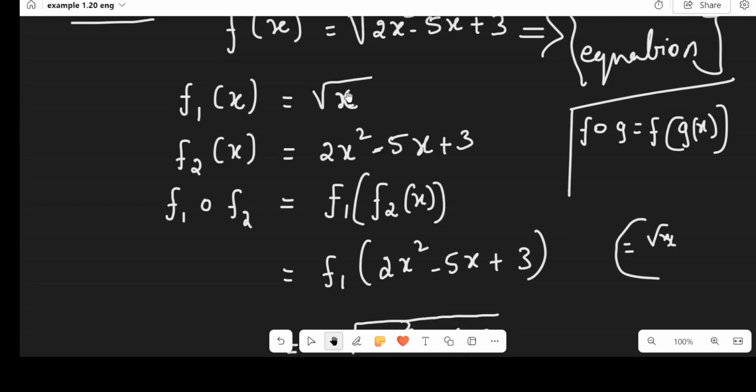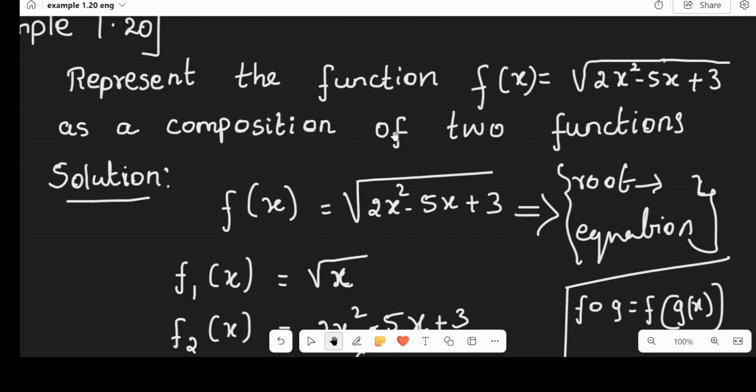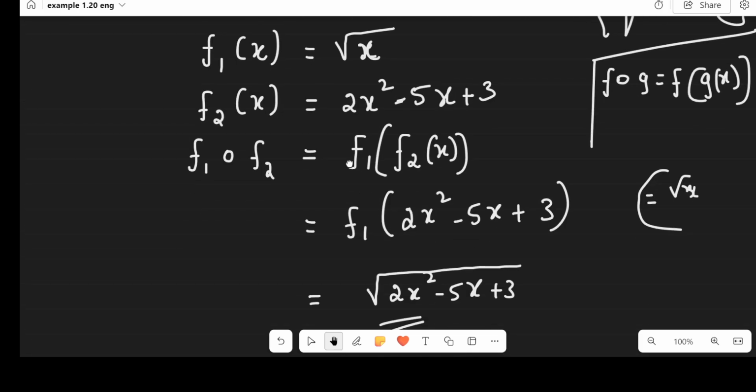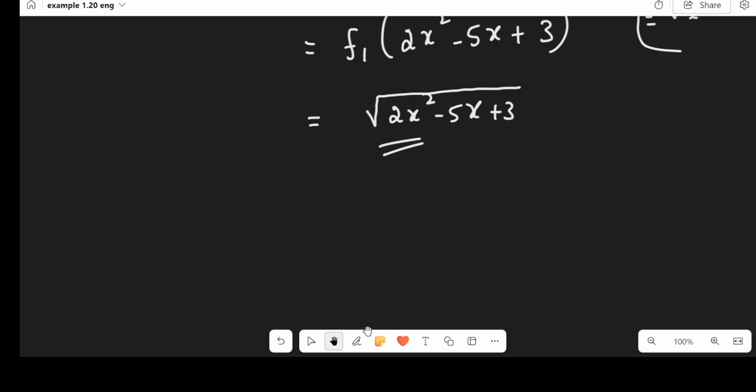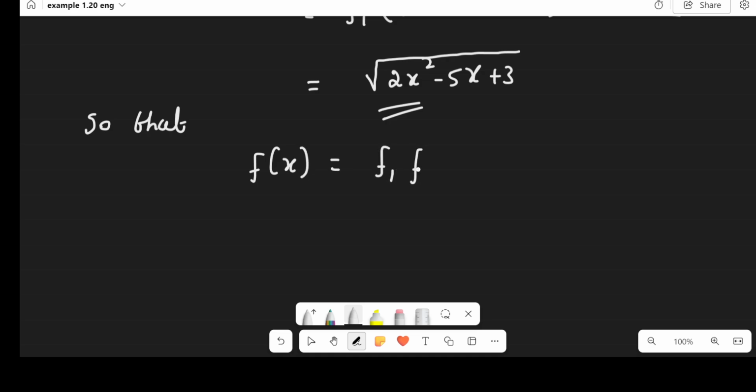The answer, according to this question, is this one and this one. How can we write the answer for this? We can simply write the answer as f of x equals f1 of f2 of x.